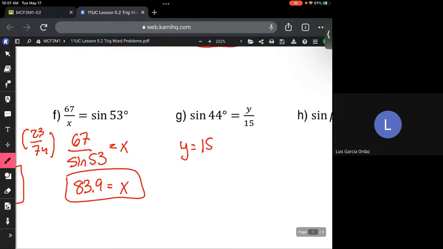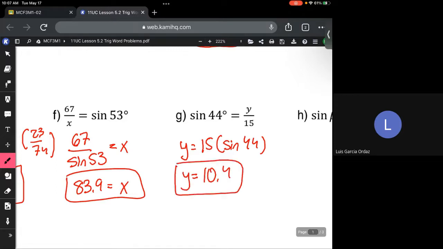So the next one we have is y is equal to 15 times sine 44. So we get an answer of 10.4, which is good. What did you put as your answer? Well, because it's 83.89, you have to round up to 83.9.